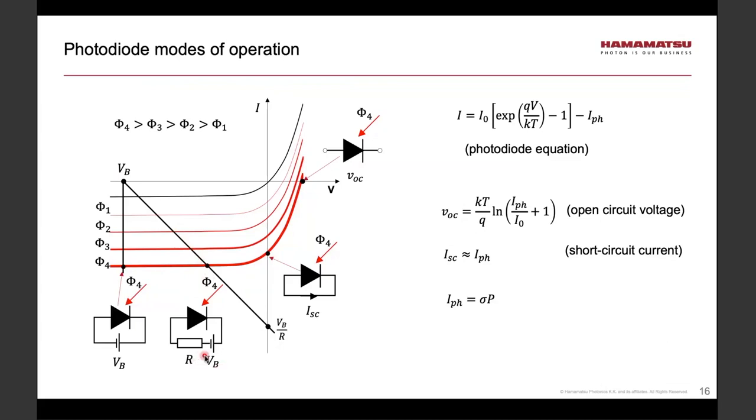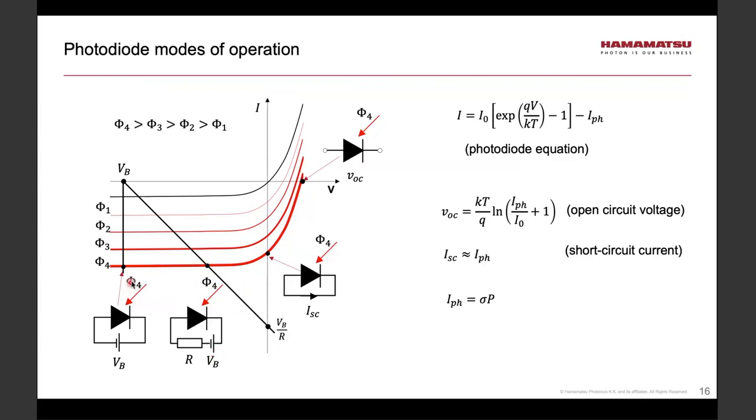And the reason, among others, is that the junction capacitance is a function of reverse voltage. And by biasing the photodiode, we reduce the capacitance, which means that this mode would be more popular in applications where speed or frequency response is important.